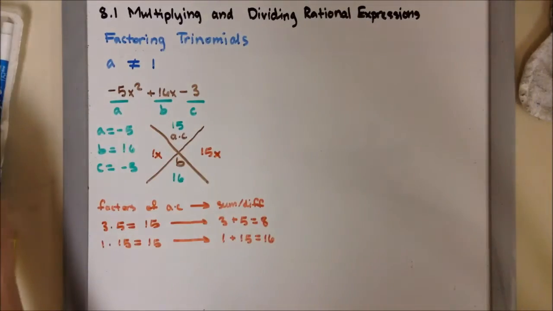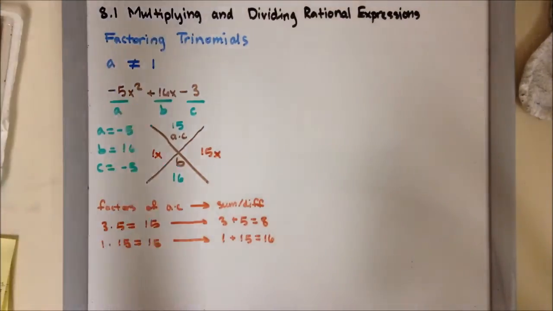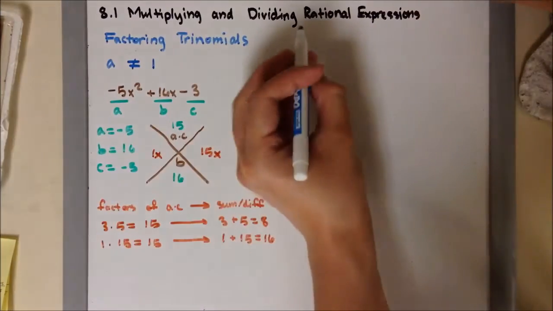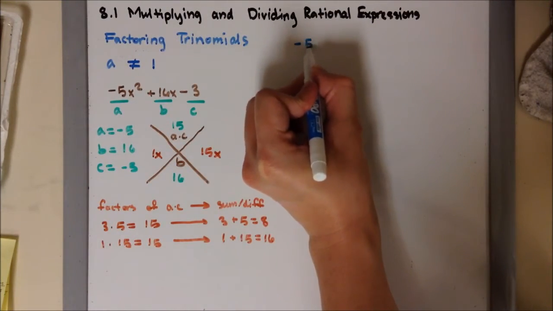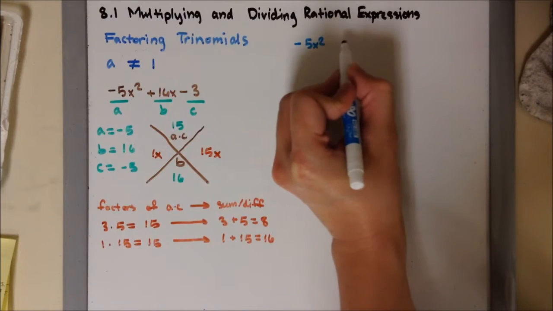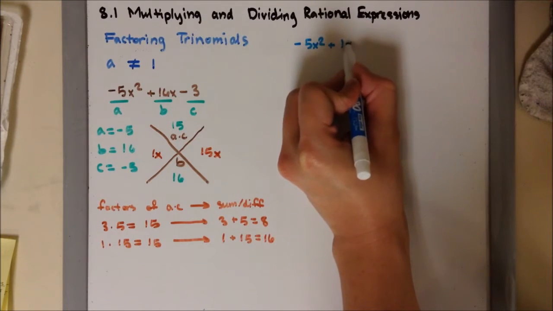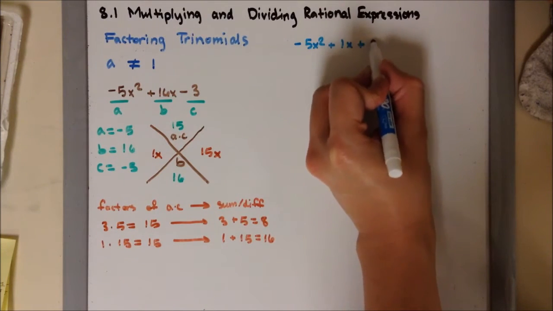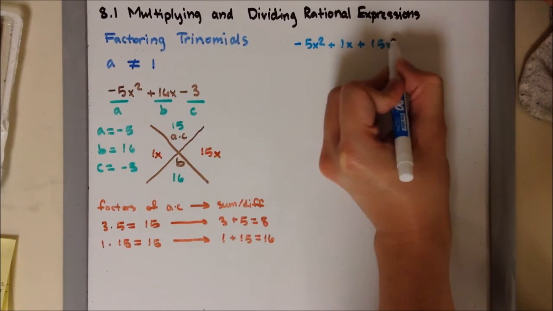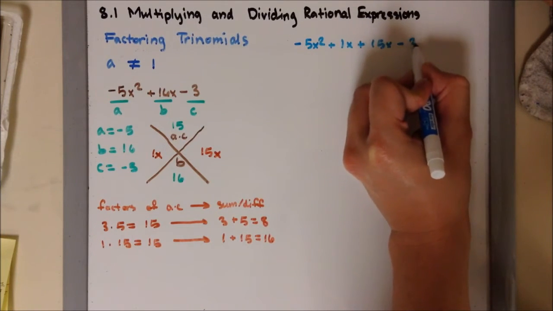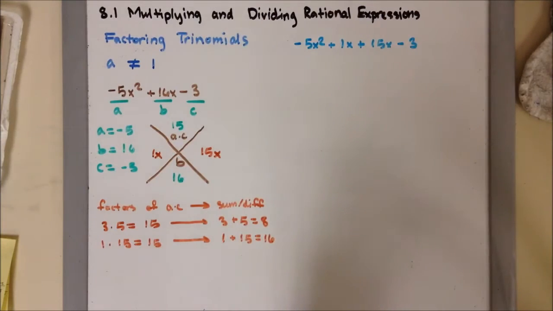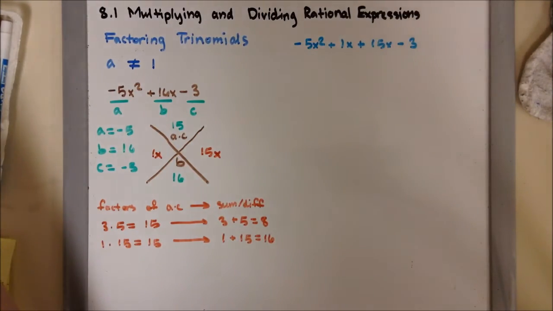Alright, let's set up our work for factoring by grouping. I'm going to write my first term, so negative 5x squared plus 1x, and then plus 15x, and then minus 3. So let's take a look at the left side.